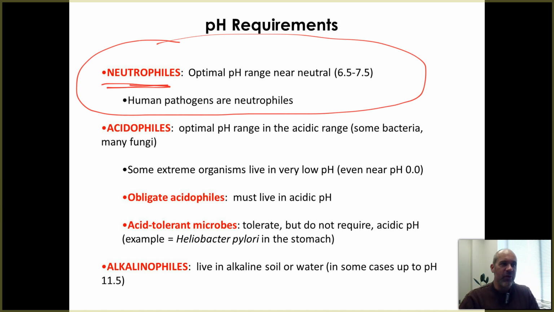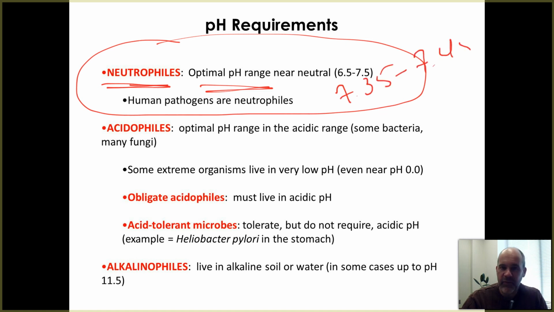Neutro referring to neutral, so their optimal pH ranges are close to 7. 7 is neutral on the pH scale, so generally about 6.5 to 7.5. What's the pH of your human body fluids? Hopefully you remember from A&P class, it's 7.35 to 7.45. So guess what? Lots of the microbes that live on or inside the human body are very well adapted to that pH range.